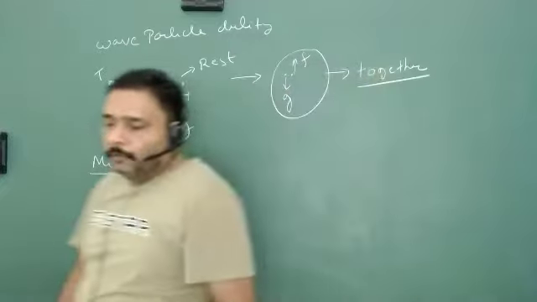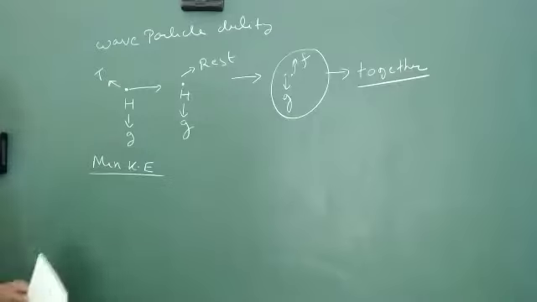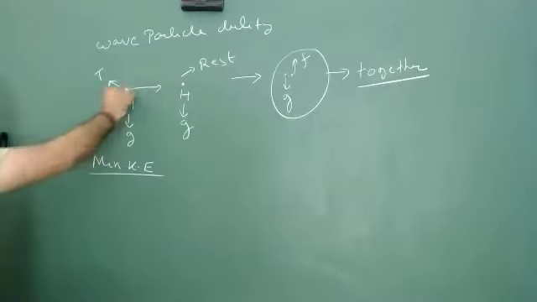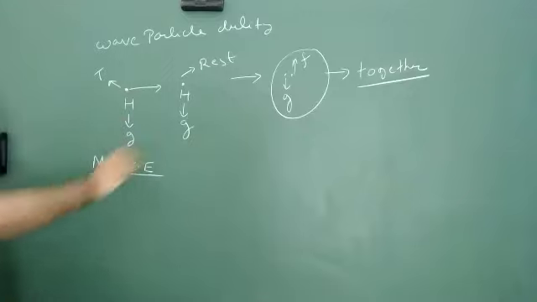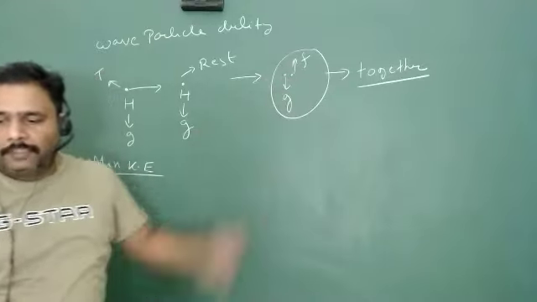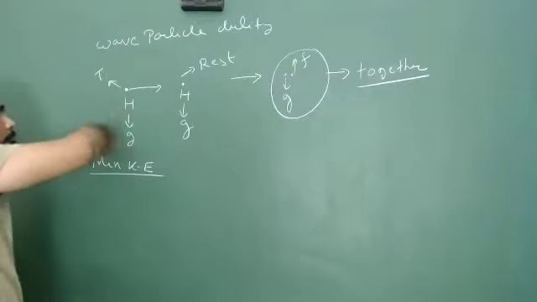So what you have to do is calculate the minimum kinetic energy of the system. How will you calculate it? We will go for the total energy of the system. What is the meaning of total energy here? Because there is an internal transition, we will take that energy into account also, since we are talking about the whole system.